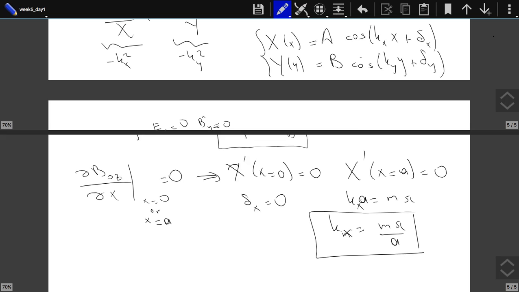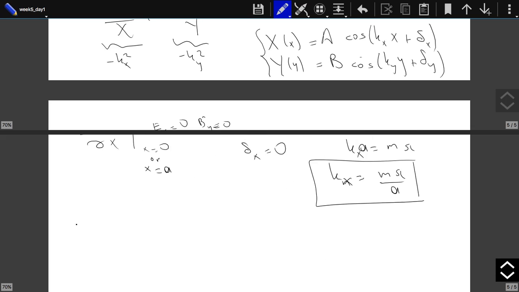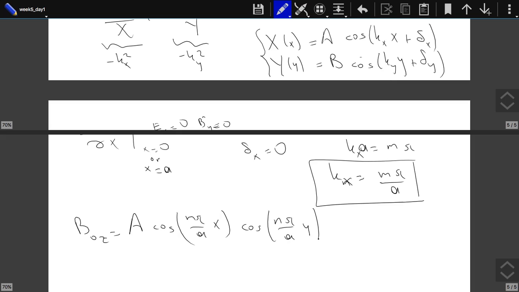So if you combine all of them, we have this solution. B0z is equal to some constant, let me just put C over here, times cosine of m pi x over a, times cosine of n pi y over b.